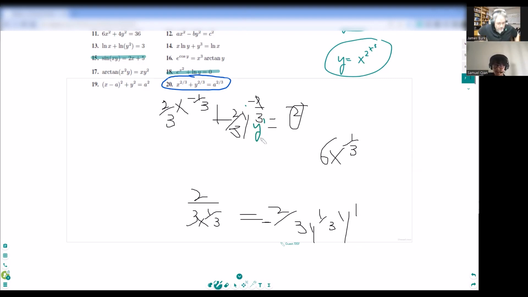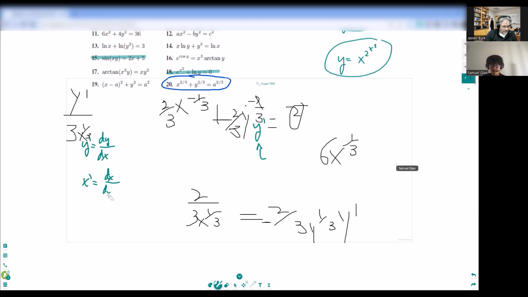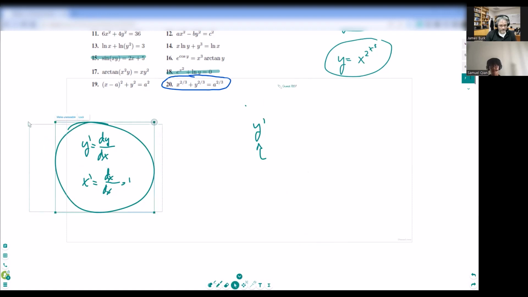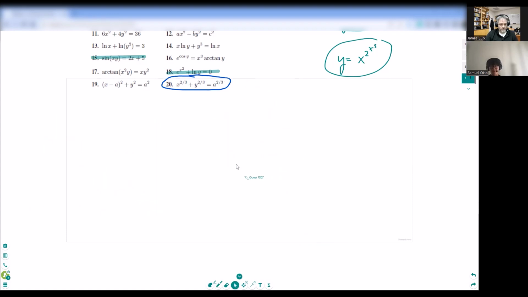Every time you encounter y, you're considering it a function in terms of x, so make sure you tack on your y prime. Remember what y prime means? It's something like dy/dx. So if you have x prime, it's like dx/dx, which is one. That's why you don't worry about it. But we do need to worry about it when you have the y prime. Okay, so if you can erase that annotation, let's try it again. I'm sorry. Okay, try it one more time.